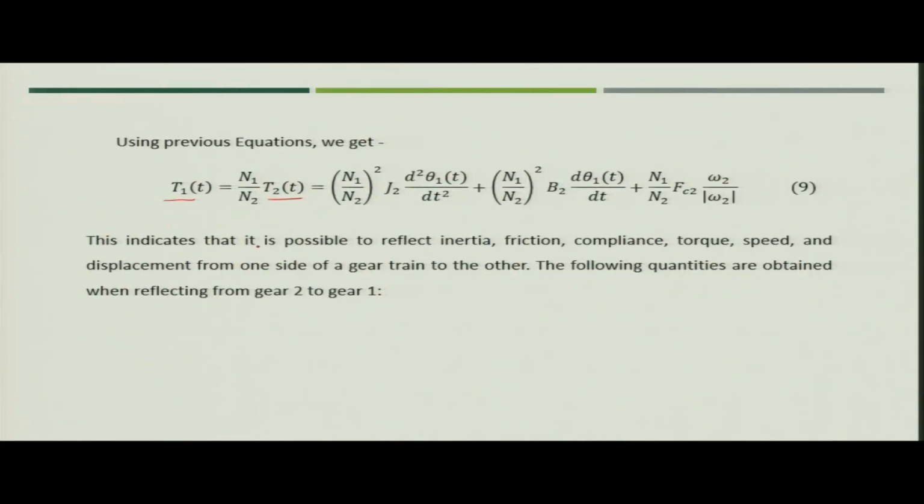So, this indicates that it is possible to reflect inertia, friction, compliance, torque, speed and displacement from one side of the gear train to other.